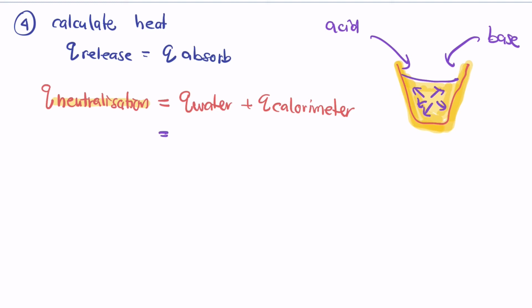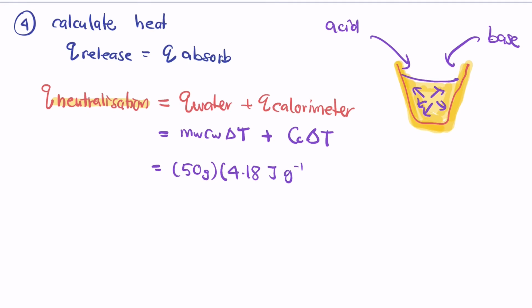So now to calculate Q absorbed by water, you must use m_w c_w delta T, and for the calorimeter it will be C_c delta T. So the mass of water just now will be 50 gram, and the specific heat capacity of water will be 4.18 joule per degree Celsius per gram.